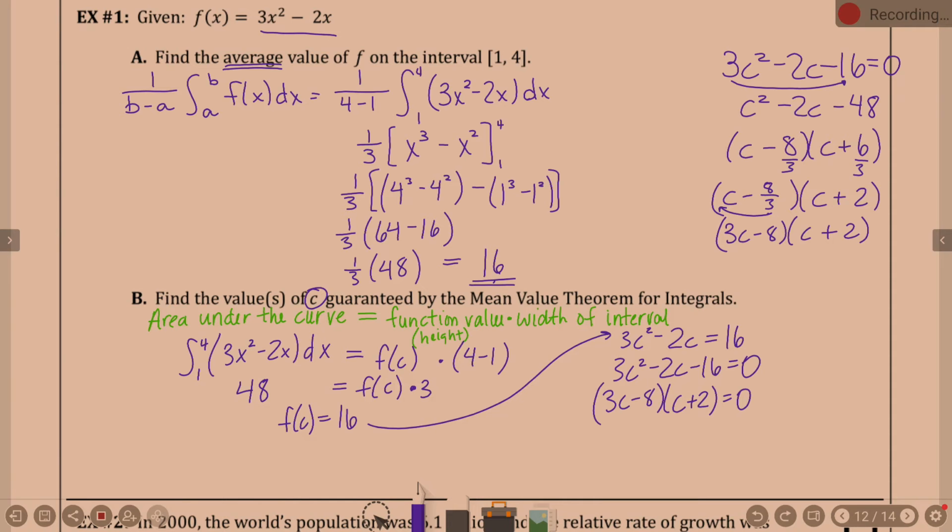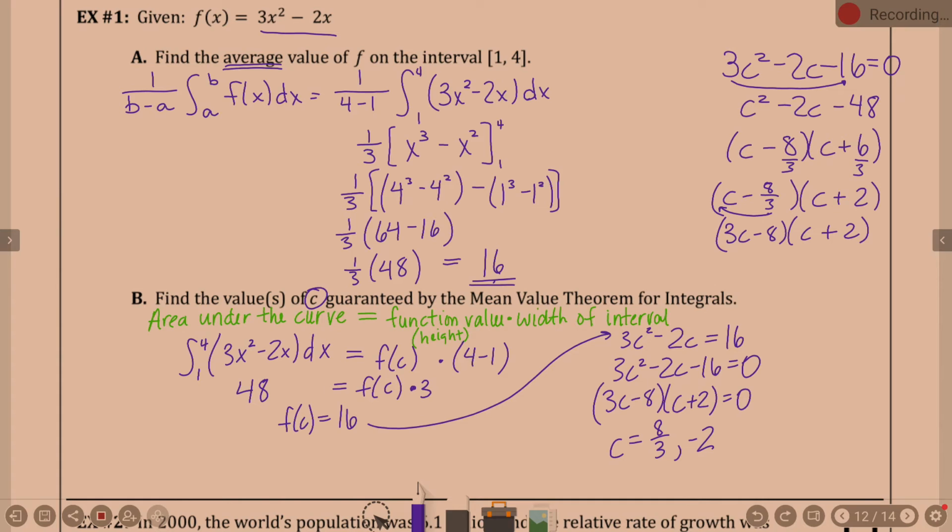Okay, solve. What do we get here? C can equal 8/3 and C can equal -2. Now, it is possible to have more than one value of C. However, you do need to check them in terms of, are they in the interval we're talking?